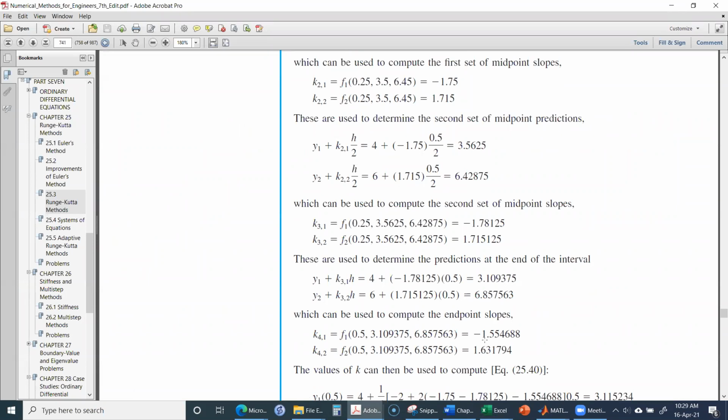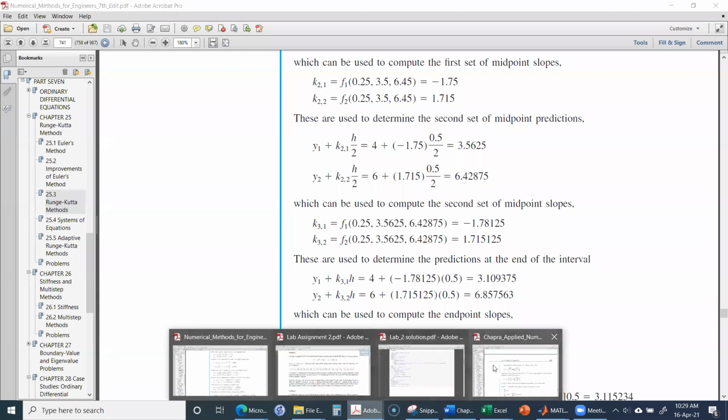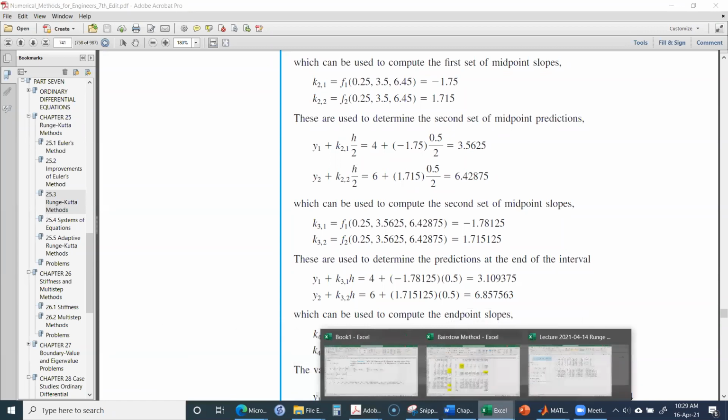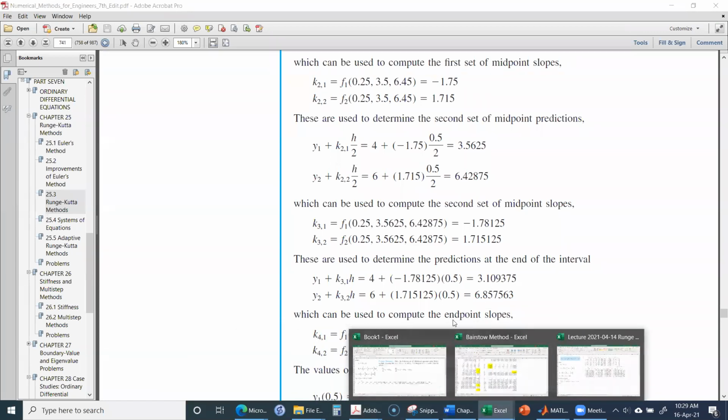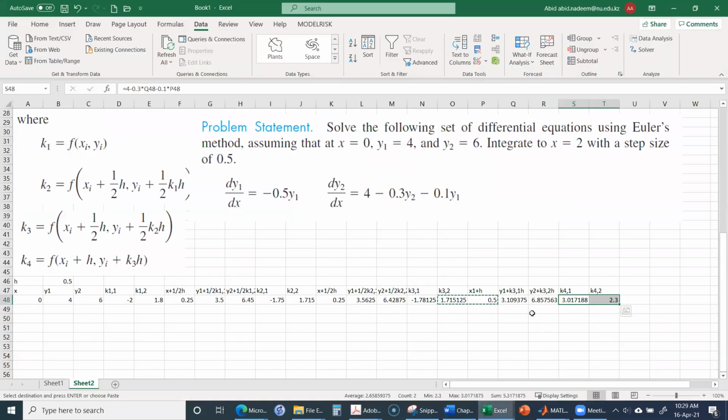Yeah, it is minus 1.55, and y1 of this is 3.1 and 6.85. So 3.1 and 6.85. So this is 3.01 and 2.3.